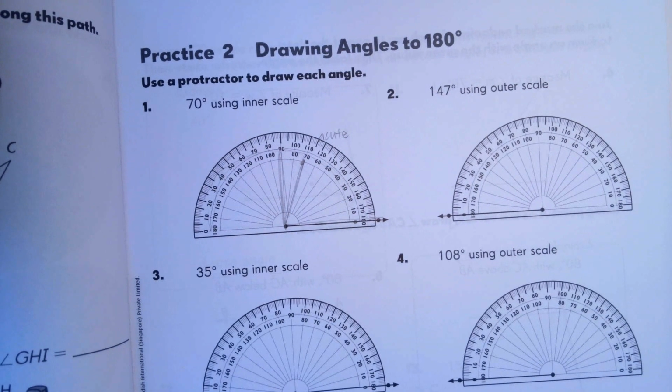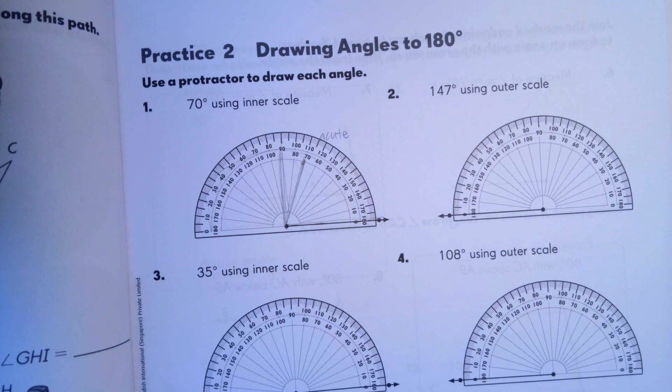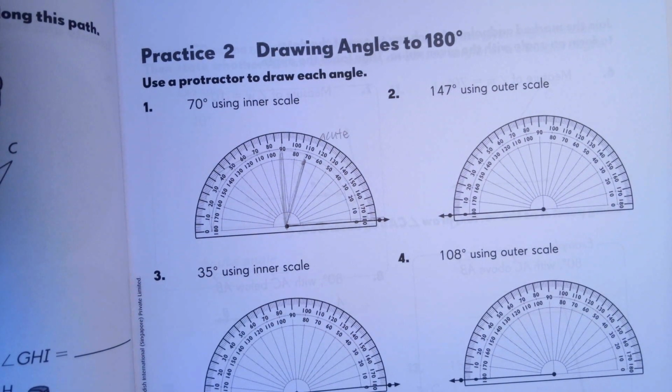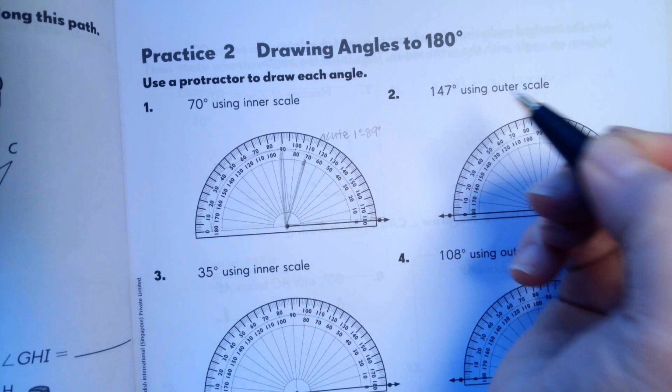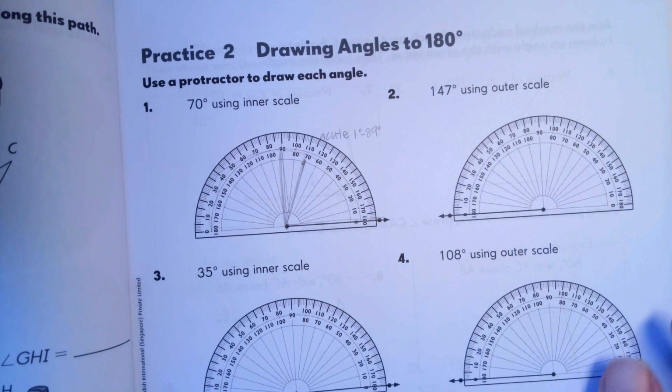It's smaller than a right angle. And then it was like 110. Or 70, it would be an obtuse. So 70, 71, 72, 73, all the way up to 89. So 1 degree to 89 degrees is an acute angle.